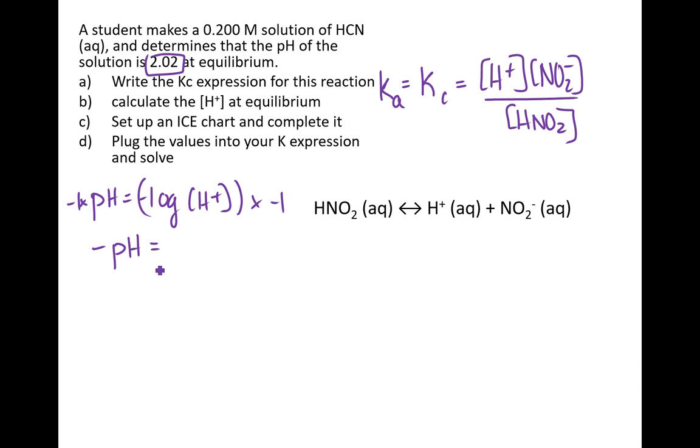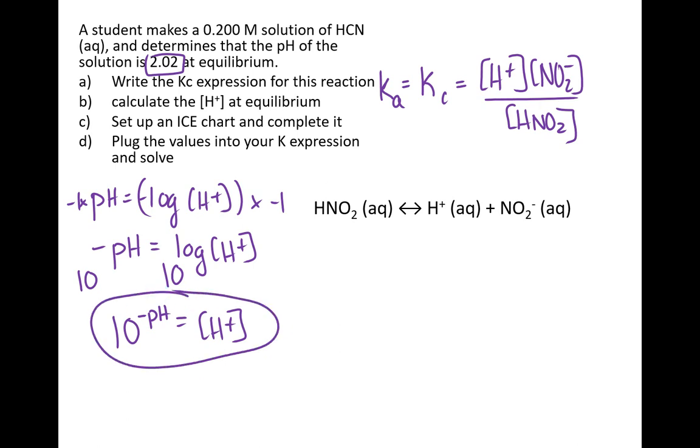I'm just justifying my algebra here. So negative pH equals the log of the H plus, and then we would raise both sides by 10 to the, so you end up with 10 to the negative pH is equal to the H plus concentration. Hopefully you could follow my algebra to see where I got there. So the H plus concentration is 10 to the minus pH.